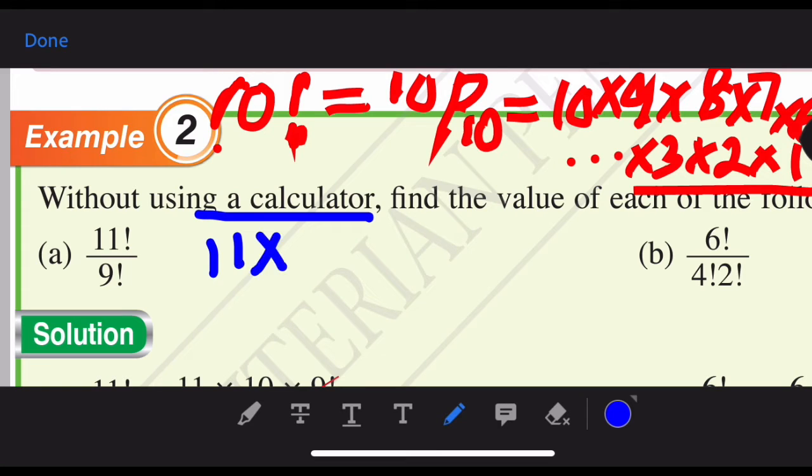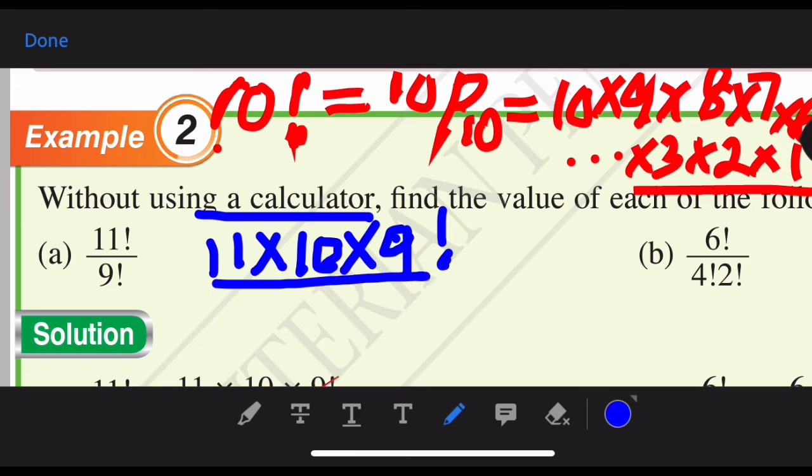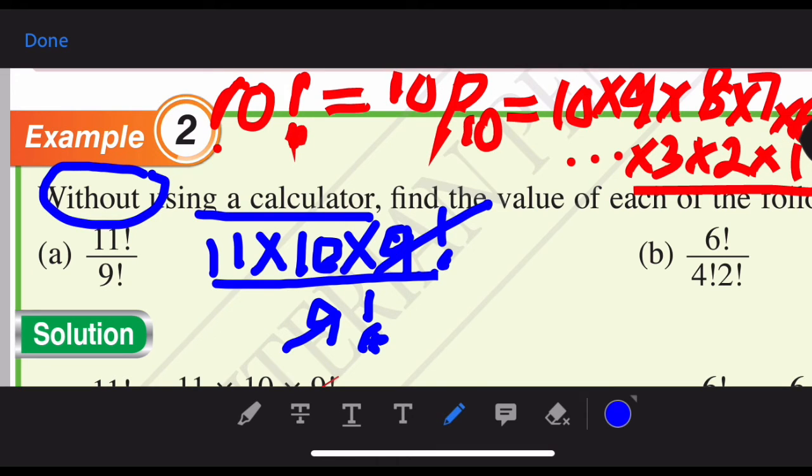11 factorial, I can write 11 times 10 times 9 factorial, and I stop at 9 factorial because I want to cancel out the 9 factorial, because the question says without using calculator, so you are not allowed to use calculator, but you can use a calculator to double check.